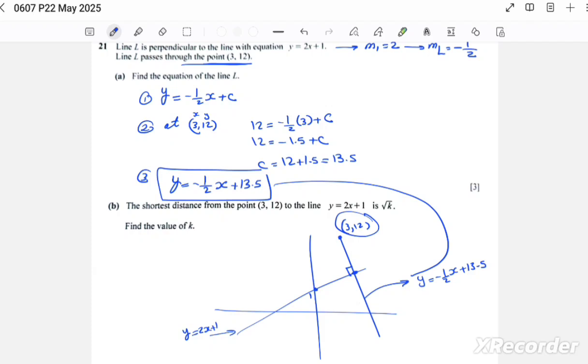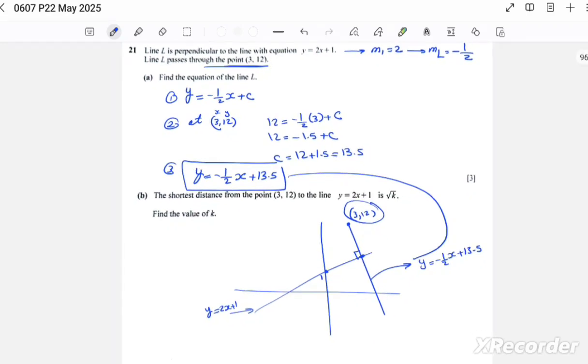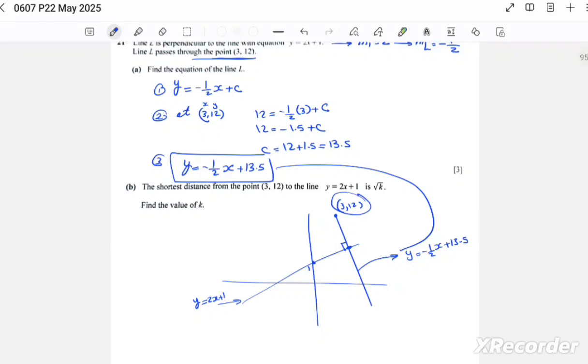If I have the intersection point between the two lines, I have 2 points, and I can just substitute in the equation for the distance between 2 points. So you may say this question is about 2 linear equations that you need to solve. The first equation is y equals 2x plus 1, and the second one is y equals negative 1 half x plus 13.5.